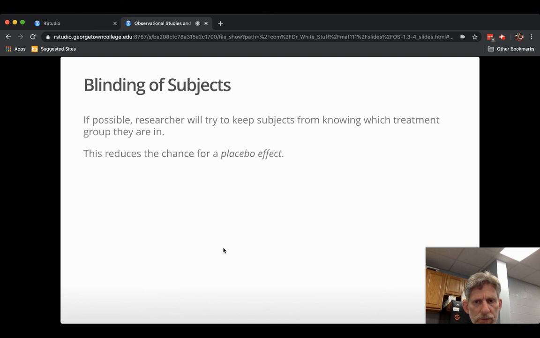If possible, a researcher is going to try to keep the subjects in the experiment from knowing which treatment group they're in. Because sometimes when you know what group you're in, when you know how you're being treated, that can affect your behaviors or your attitudes in a way that may have an effect on the value of the response variable for you. So this is called the placebo effect.